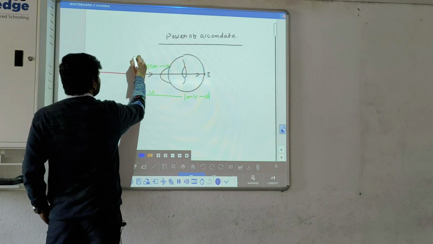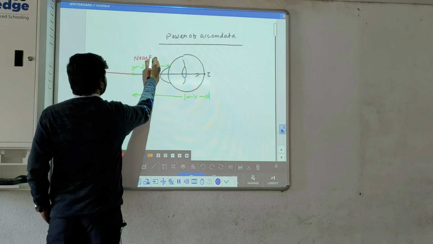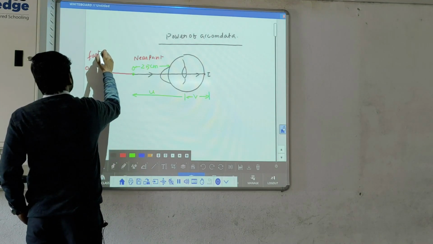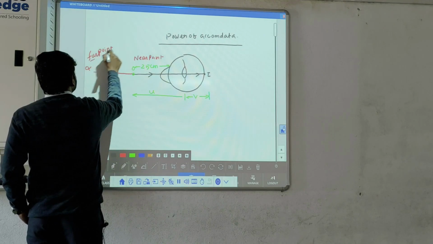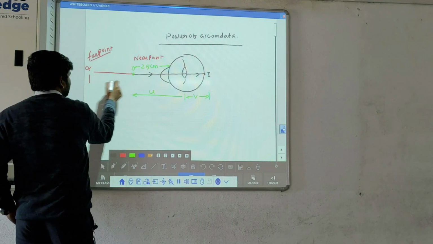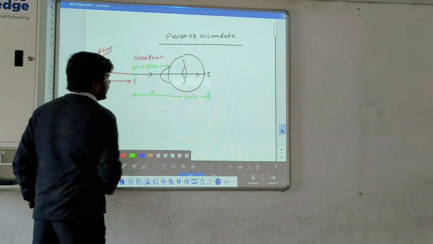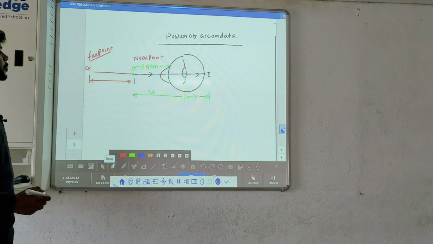So near point is 25 centimeter and the far point is infinity. Whatever object is placed in between infinity and 25 centimeter from the human eye, this is the range within which the object can be seen clearly by a normal human eye.